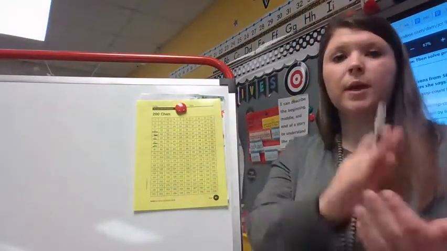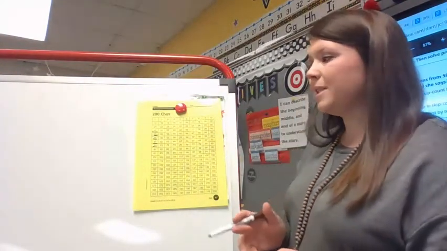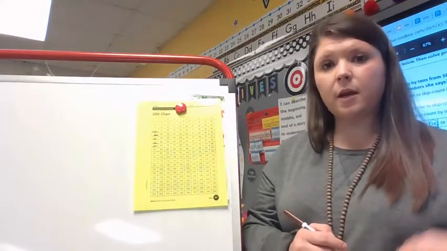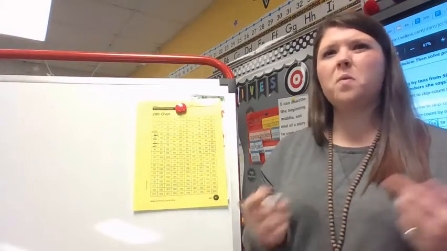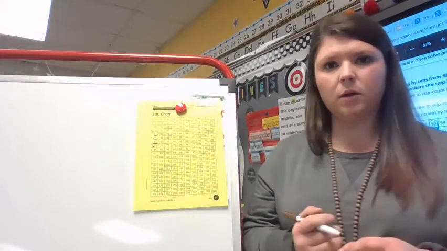We notice when we're counting forward by 10 that our ones place stays the same. What do you notice about your tens place when we're counting forward? We notice that it goes in order, right? 1, 2, 3, 4, 5. Well, what about when we're counting backwards? What do you notice about our tens place when we're counting backwards?